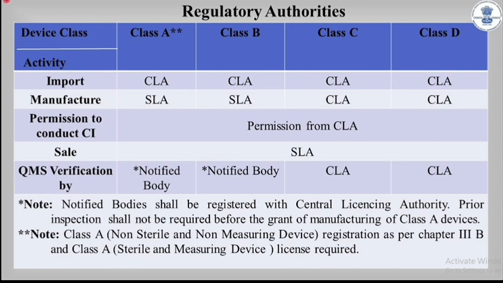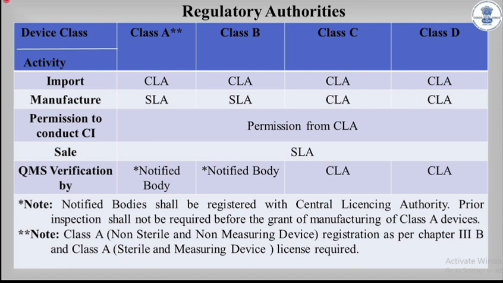Whereas when it comes to manufacturing of medical devices, Class A and Class B devices are issued license by the state licensing authority, and the central licensing authority issues license for Class C and Class D medical devices.